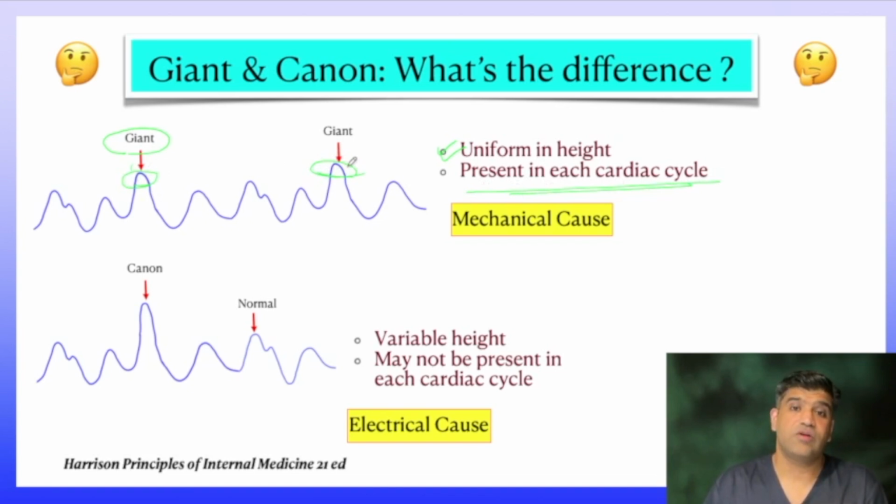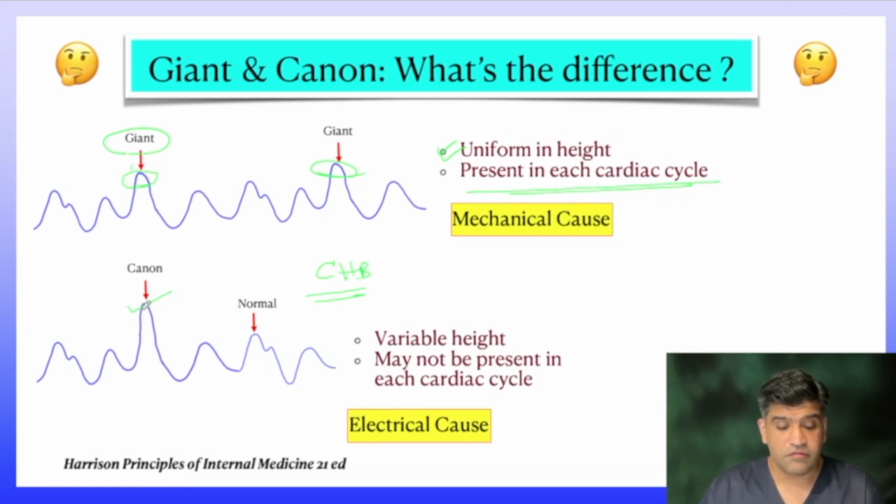So the mechanical cause of obstruction causes giant A waves, whereas in CANON A waves, like the ones caused in complete heart block, CHB, there might be conduction in one cardiac cycle, there might not be conduction in the other cardiac cycle, like in CHB.